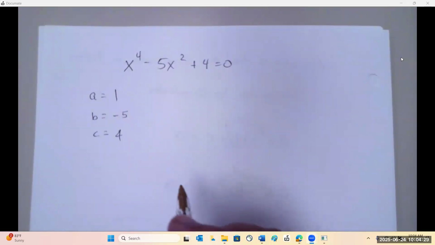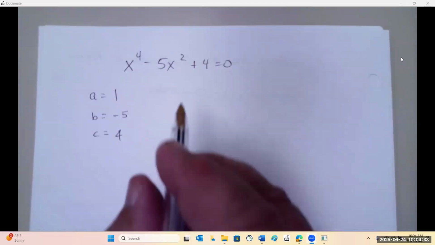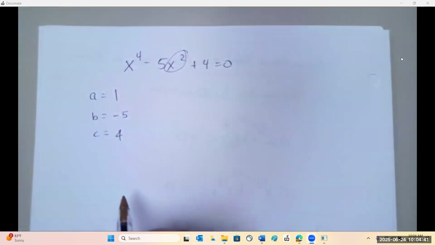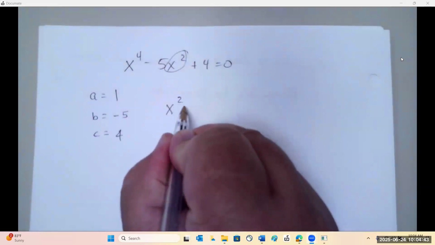So in the quadratic formula, what are you solving for? What do you look for in this equation? The middle term. So that's what you're solving for.